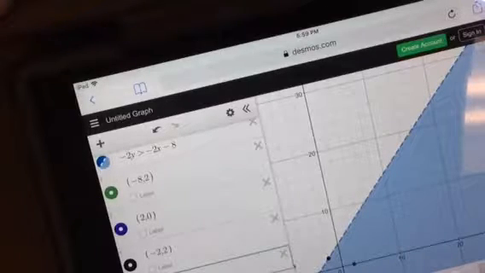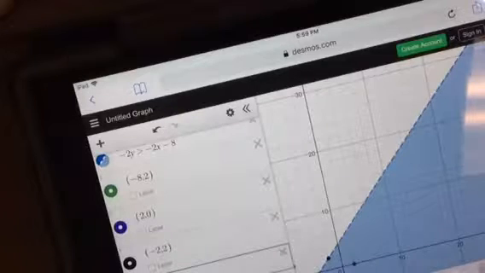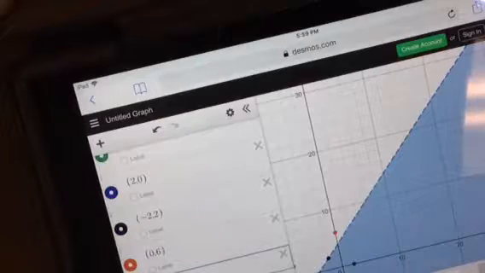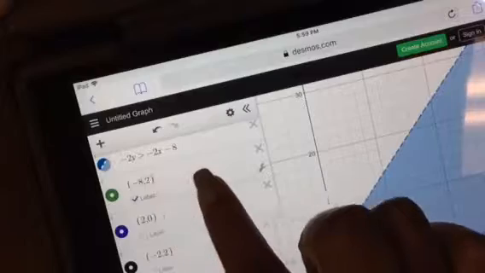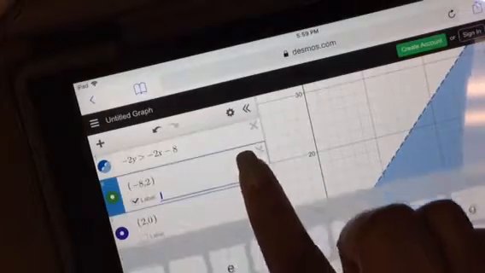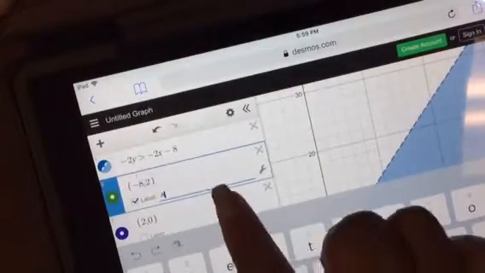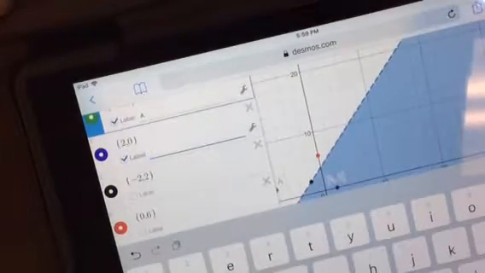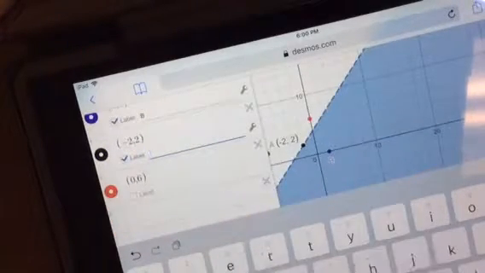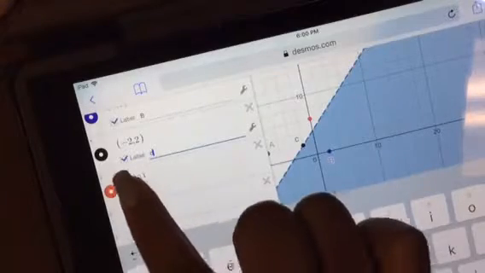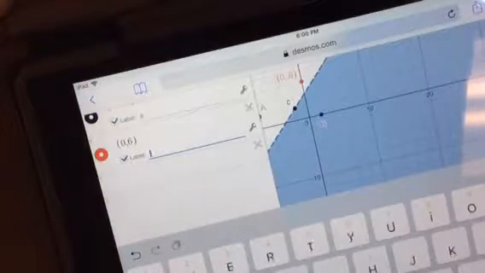The fourth point, letter D, is 0, 6. There. And see how it says label underneath each of those? I could even go back and label those by the letters if I wanted to do that. So that one's A. That one's B. This one is C. And this one is D.